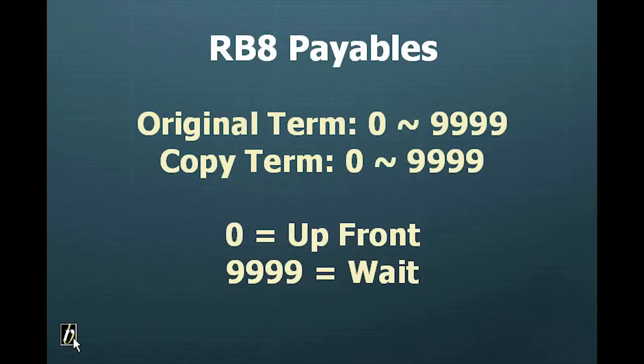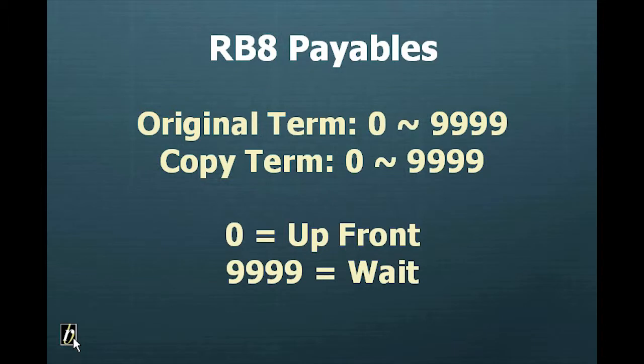Now, to understand how RBA selects invoices for payroll, you have to understand the concept of term. There are two terms in RBA for each reporter. One is called original term, the other is called copy term. Each term can be any number of days between 0 and 9999.